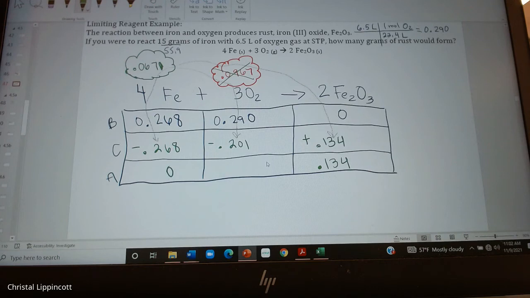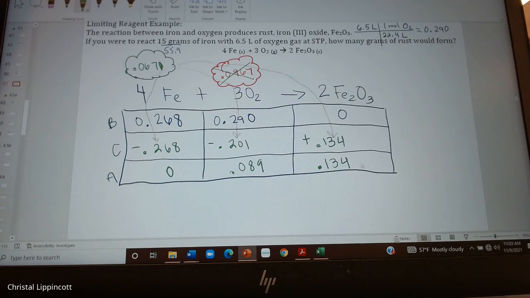All right, and then 0.29. So this is how much I'm going to have left over of the oxygen. This is how much iron oxide I will have made, and I won't have any iron left over. So how many grams of rust would it form?